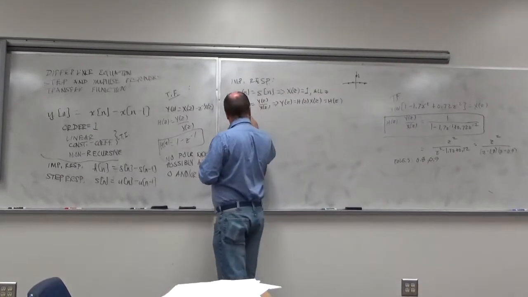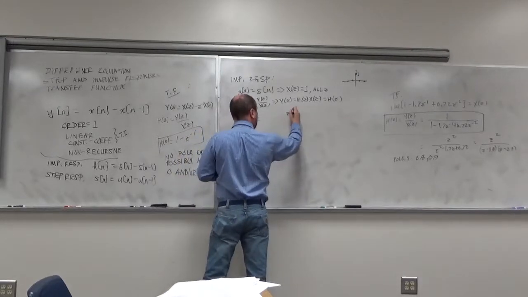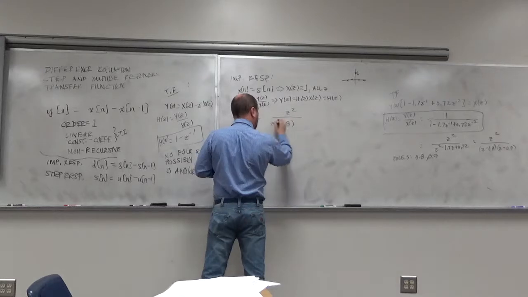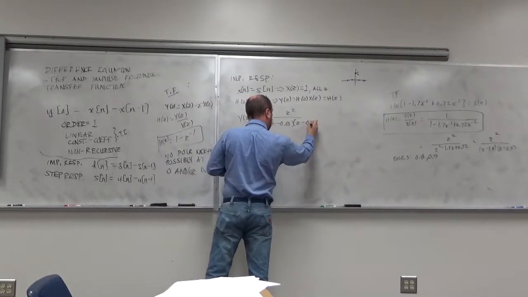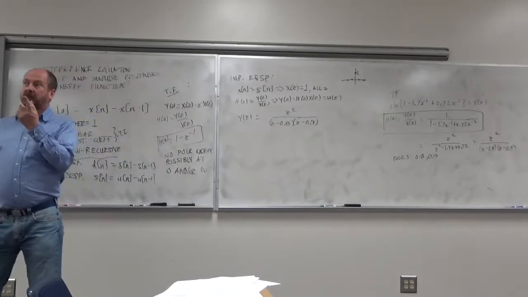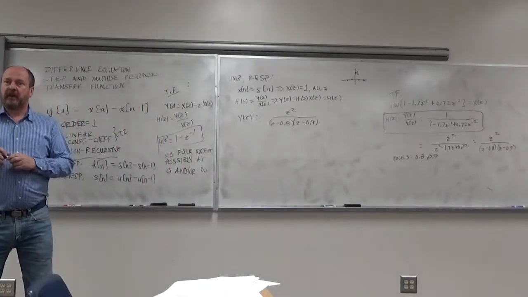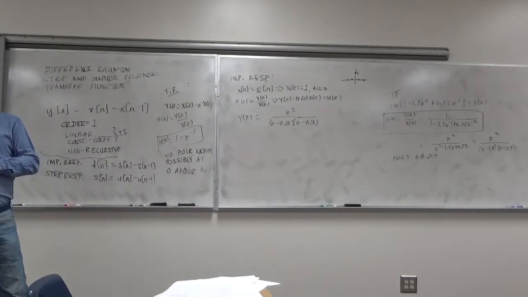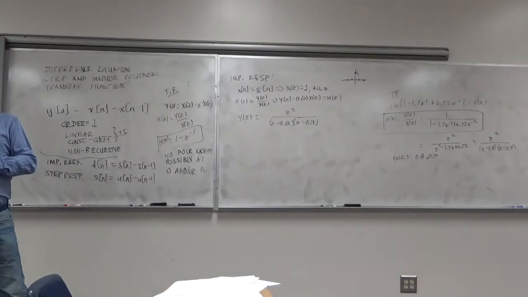So Y of z is z squared over z minus 0.8 and z minus 0.9. And I've already multiplied it by 1, by the way, because the input was an impulse. All up with me? I'm going too fast? No? Good. All right.